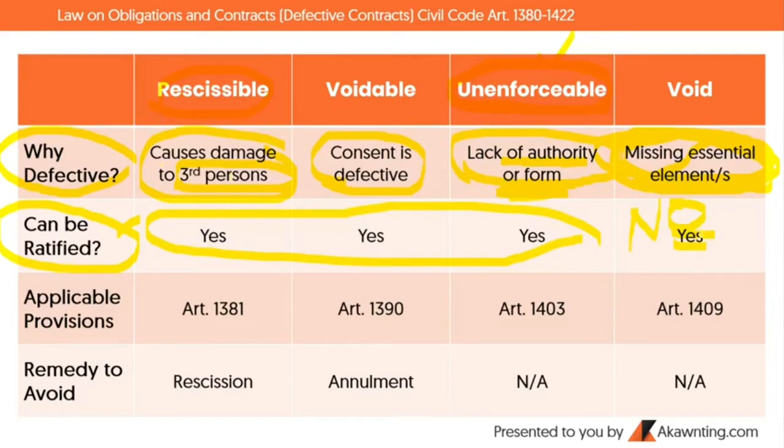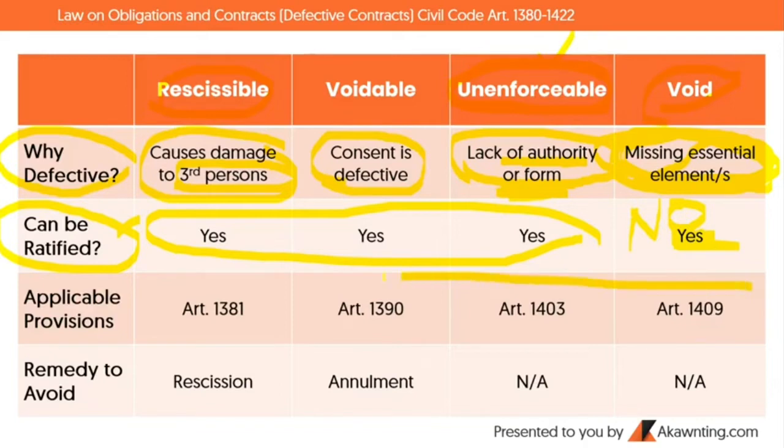Okay? And ang pagkakaiba lang dito sa specific row na to is yung void contracts. Hindi daw siya pwedeng ma-ratify. No ang sagot natin. So, na-typo lang tayo ulit. So, no yan. Okay? Hindi pwedeng ma-ratify ang isang void contract. Kasi in the first place, walang valid contract na pwedeng i-ratify. Yun yung very reason dyan kung bakit hindi pwedeng i-ratify ang mga void contracts.